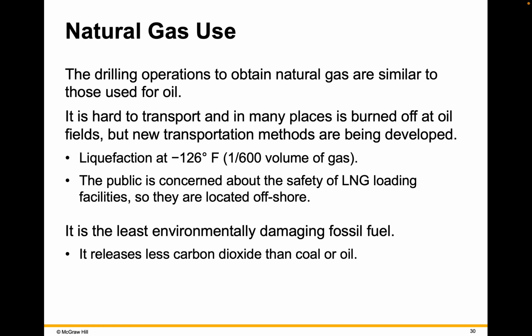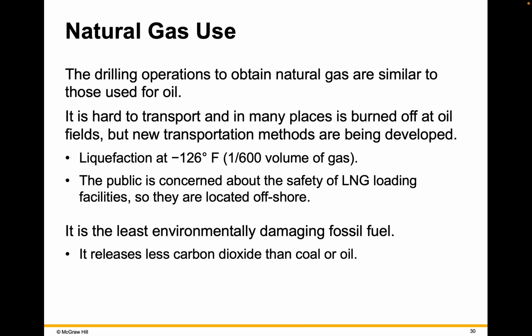Let's talk about natural gas next. The drilling operations to obtain natural gas are similar to those used for oil. It's hard to transport, though, and in many places it's burned off at oil fields, but new transportation methods are being developed. So natural gas becomes a liquid at negative 126 degrees Fahrenheit, or if we compress the volume to 1/600.